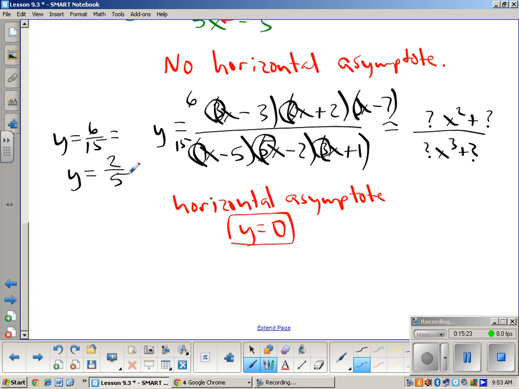So, the answer for the horizontal asymptote is just the number value on the y-axis that it is. It's not like the numerator is x.